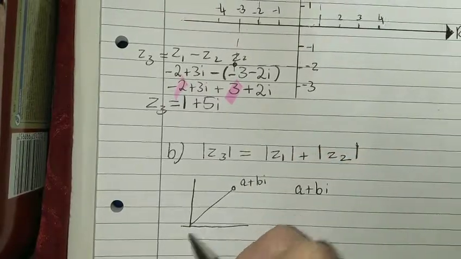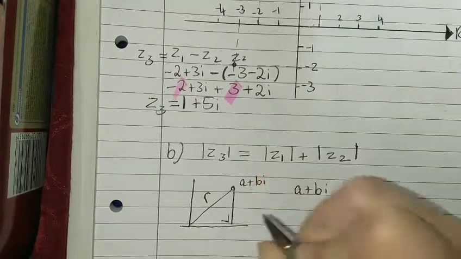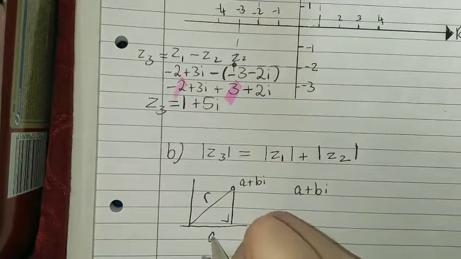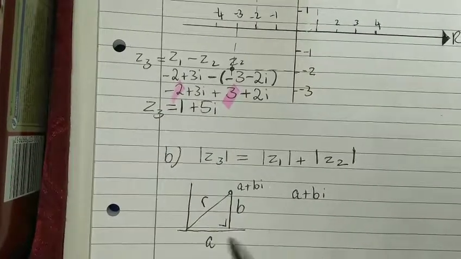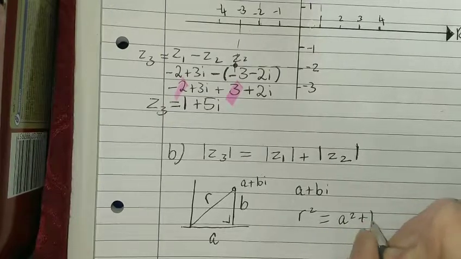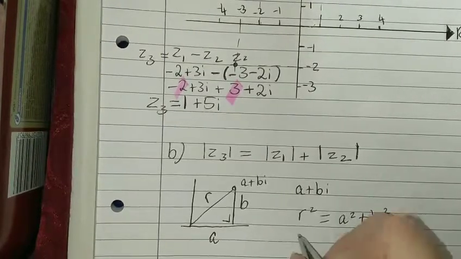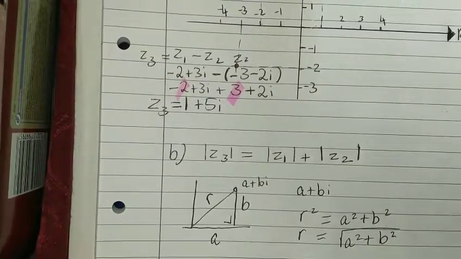The distance from the origin here, we'll call it r. We can make a right angle triangle: across a on the real axis and up b on the vertical axis. We could use Pythagoras: r squared is a squared plus b squared. But if we just want r, we get the square root of a squared plus b squared.